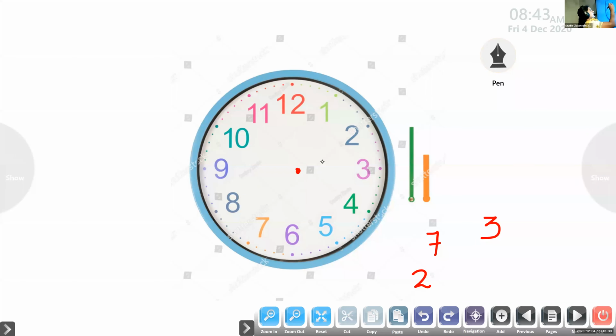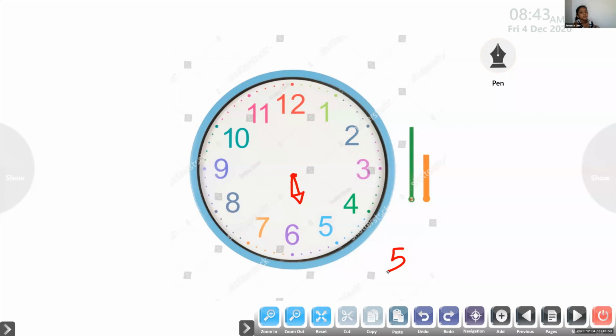If it is like this, you have to say 2 hours. If it is like this, how many hours now? Now it is between 3 and 4. What is the hour? 3 hours. If it is between 5 and 6, how many hours?